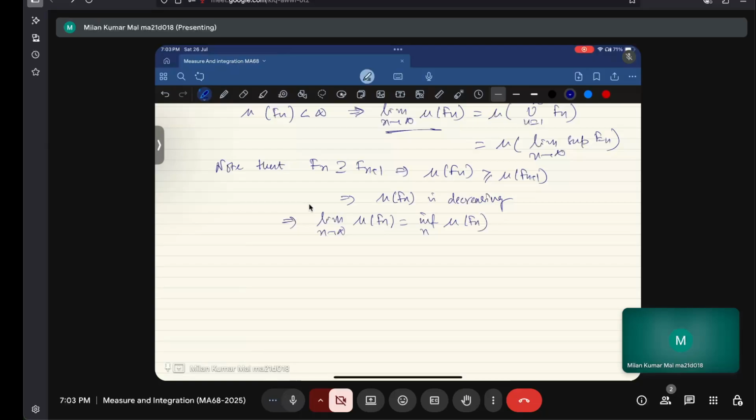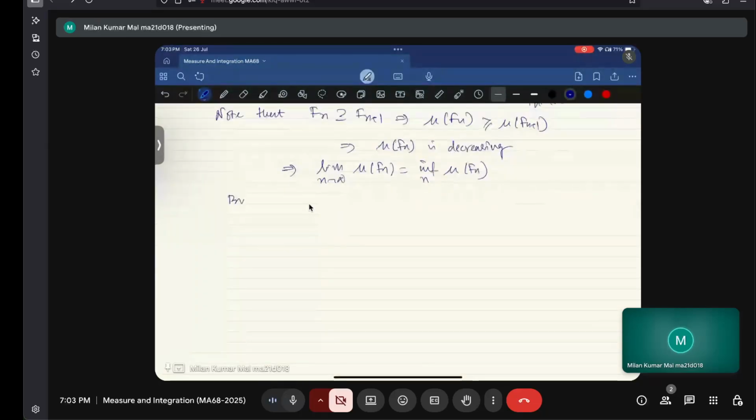Okay. And another way, note that this Fn is a superset containing each Ei for i greater than or equal to n.